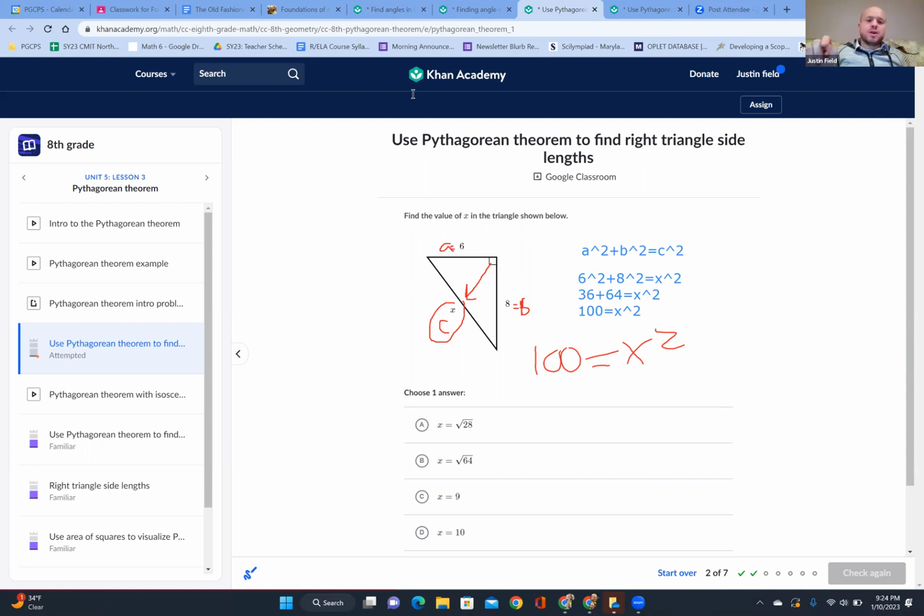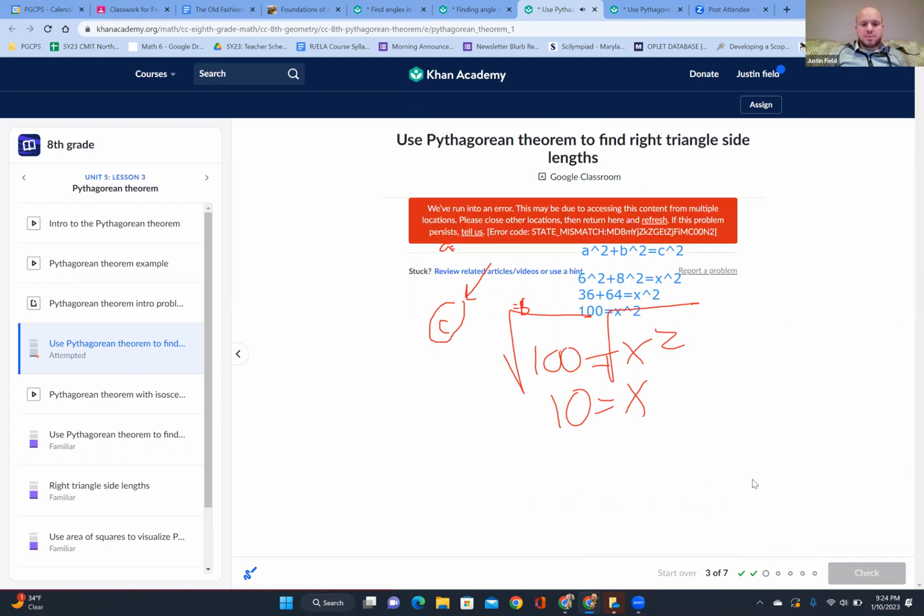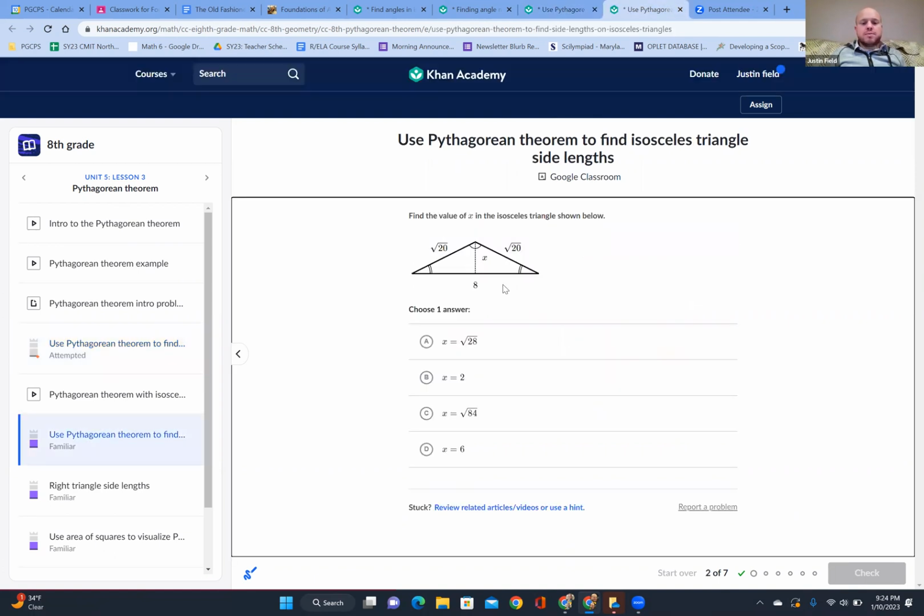This is a new inverse operation, although we have used it this year. We square root both sides. So x equals 10. All right, don't divide by 2. You'll be sad you did. It won't be right. We run into an error.